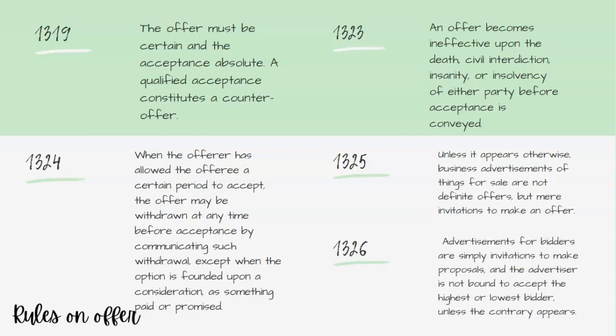Okay. Now, eto yung communication yung kanina. Yung termination naman ng offer by action of offeror. At any time, prior to the perfection of the contract, either negotiating party may stop the negotiation. The offer, take note, at this stage may be withdrawn or revoked by the offeror as a rule.